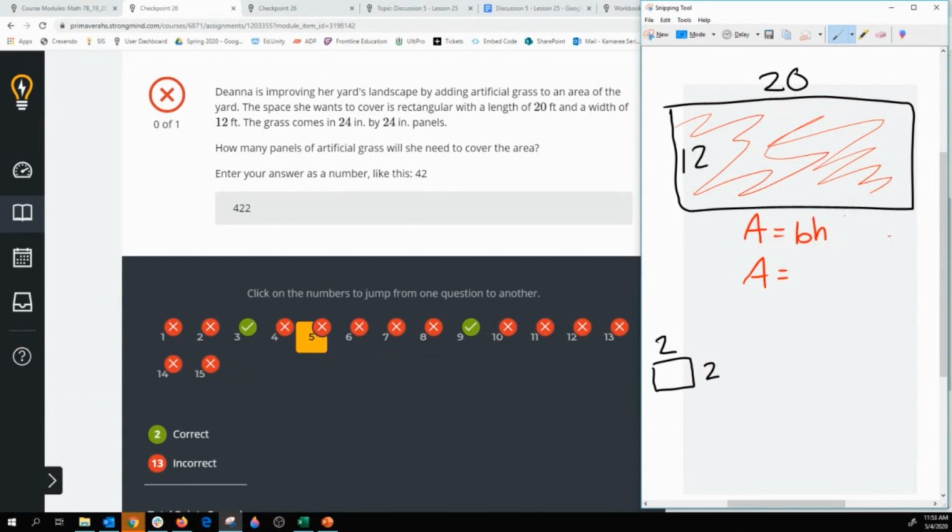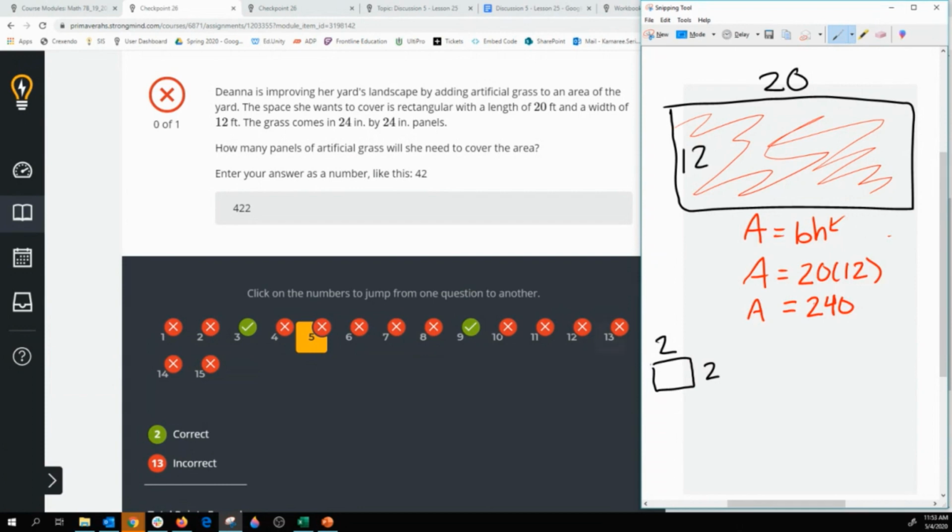So all I would need to do is 20 times 12. And 20 times 12, if we were to type that into a calculator, we would get 240. So the total area of Deanna's yard is 240.